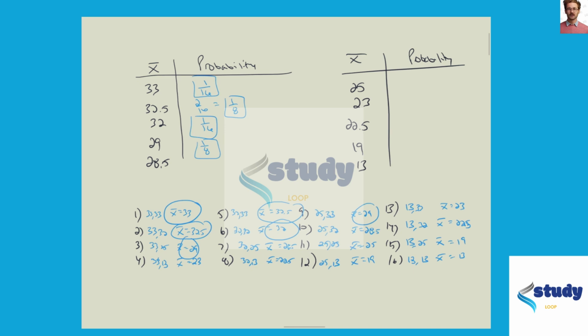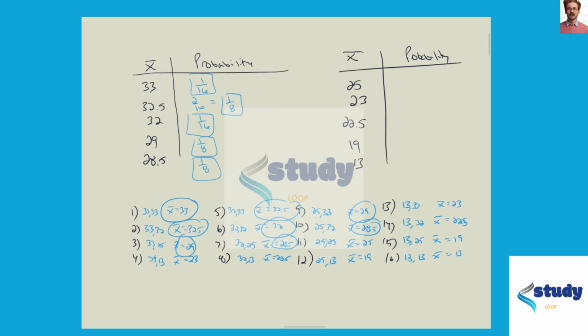And a 28.5 can happen once, twice. A 25 can happen once.